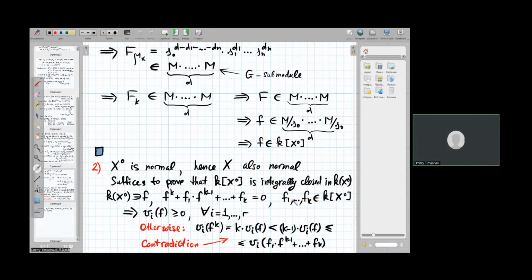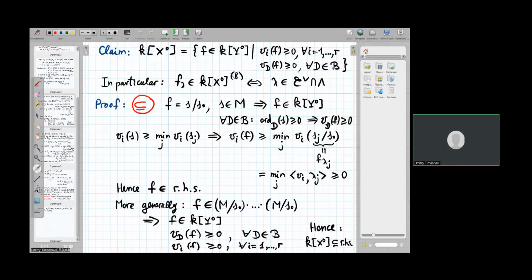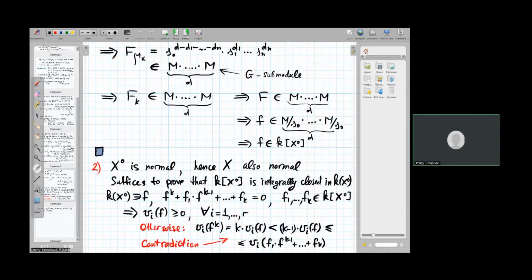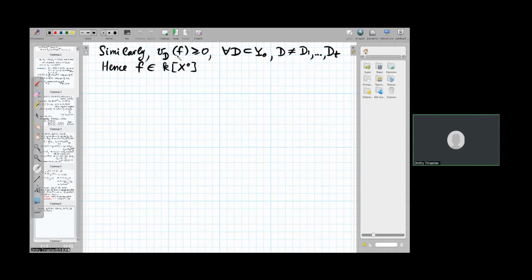And if f were not regular on Y upper node, then it would have a pole along a divisor intersecting Y upper node. But here we observed that f does not have a pole along any divisor on our homogeneous space except for these divisors.